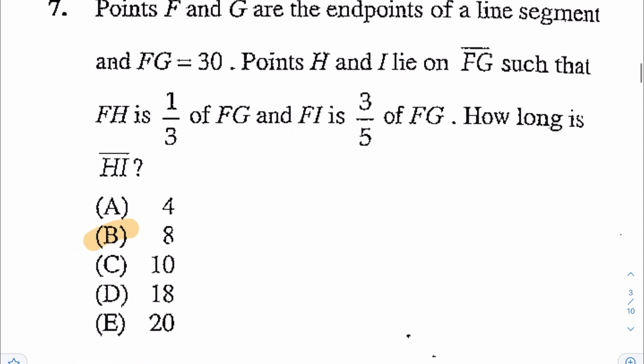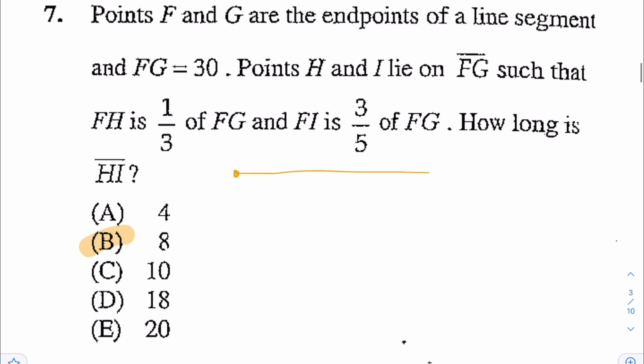All right, next for number 7: points F and G are the endpoints of a line segment, and FG is equal to 30. H and I lie on FG such that FH is 1/3 of FG and FI is 3/5 of FG. How long is HI? All right, so you just draw this number line.